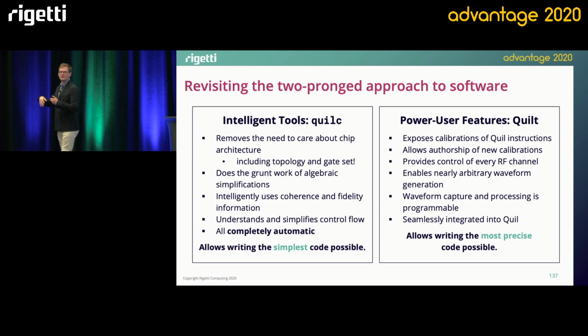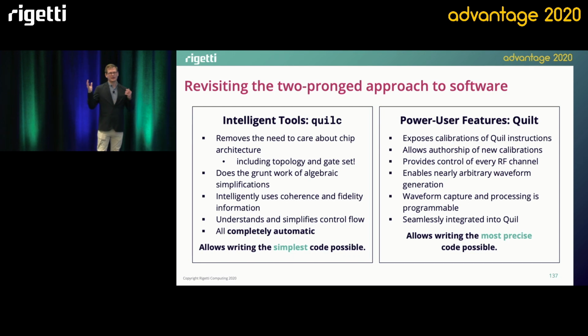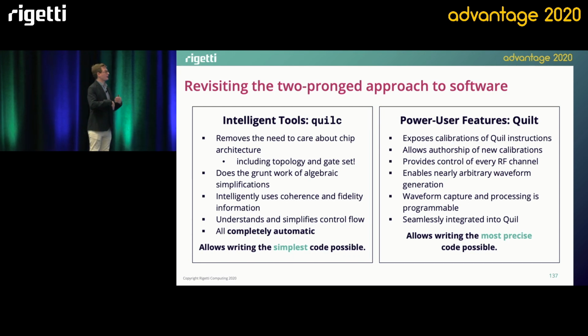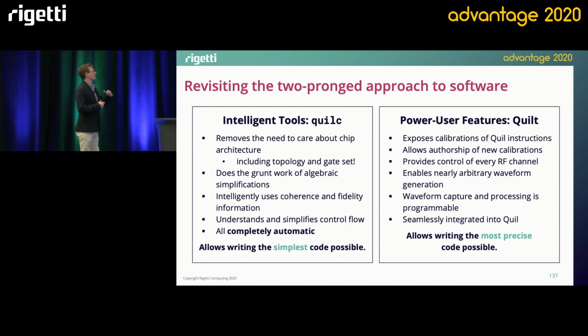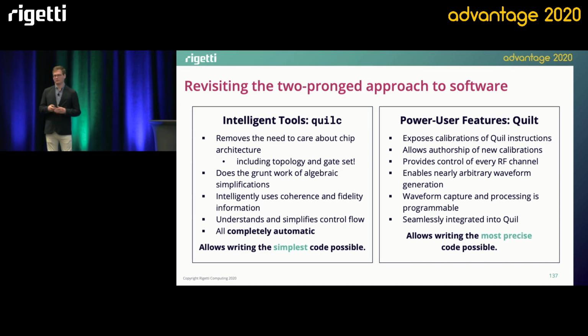On the other hand, if you define everything in terms of pulses and waveforms and frame shifts and frequencies, the compiler is not going to know what the heck to do with all your stuff. I mean, it's just a bunch of gobbledygook at that point. So it seems like we have to pick a side here. Either we're going to write our program in a very pure mathematical sense and let the compiler do as much work as possible, or we should have as much power as we can and just take matters into our own hands and do that.